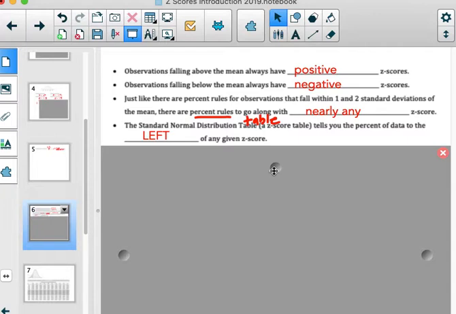Put your name on this piece of paper. You will get to use this z-score table on any quiz or test that we have for the rest of the year, including your final. So please don't write any problems on the edges of it or write the formula for z-scores. You just get this particular piece of paper.